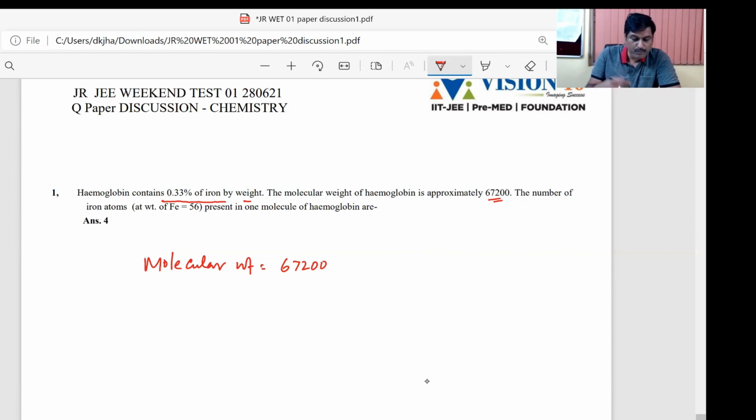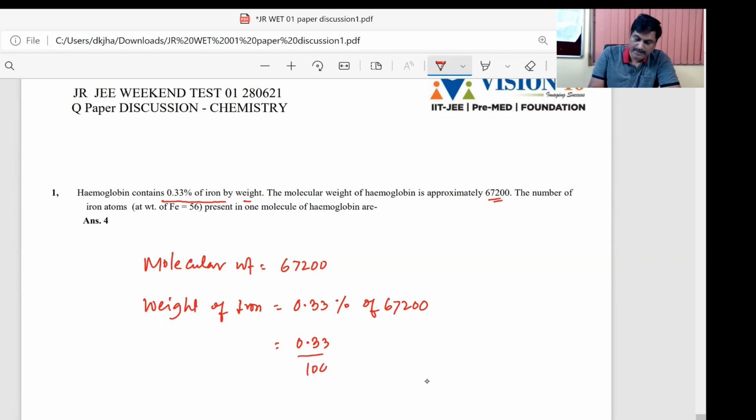So the weight of iron is equal to 0.33% of 67,200. That is 0.33 divided by 100 into 67,200. This one is the weight of iron.